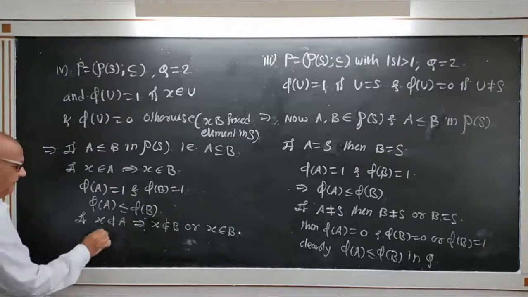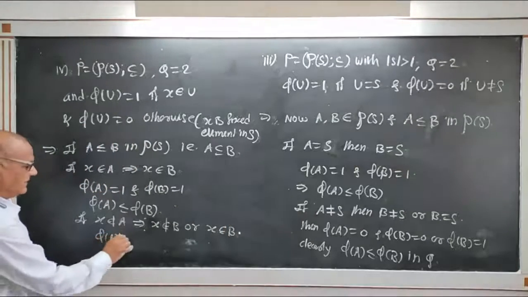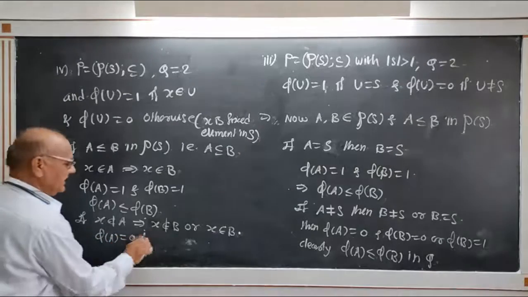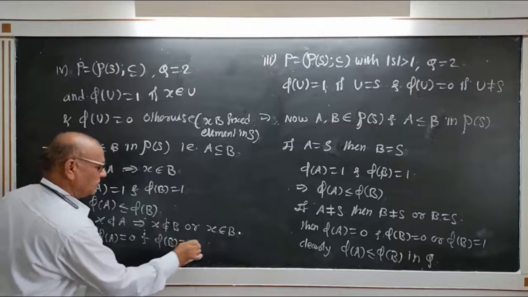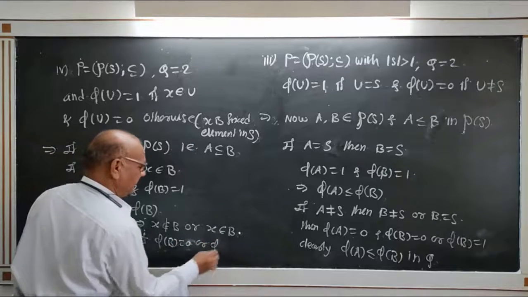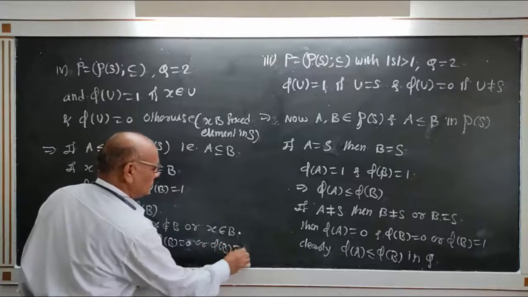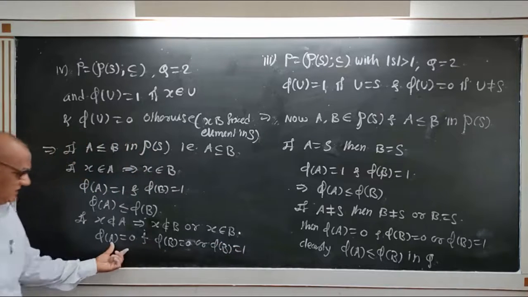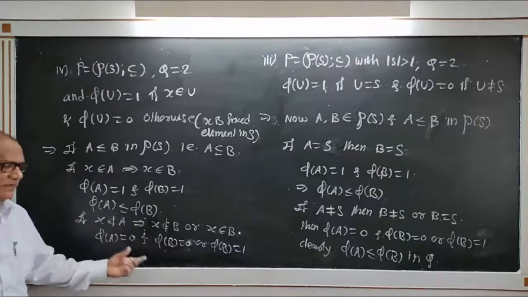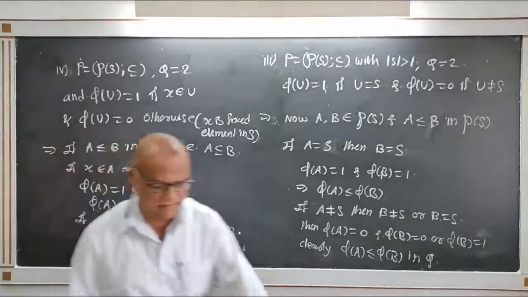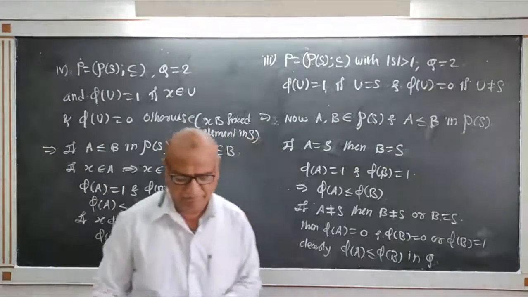Here phi of A is equal to 0, and in this case phi of B is also 0, or phi of B is equal to 1. And clearly this gives phi of A related to phi of B.